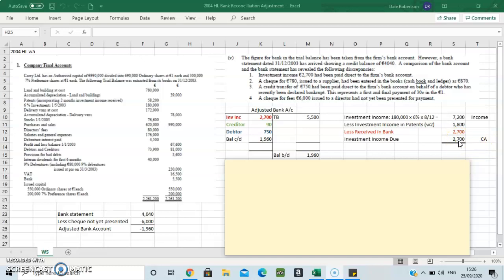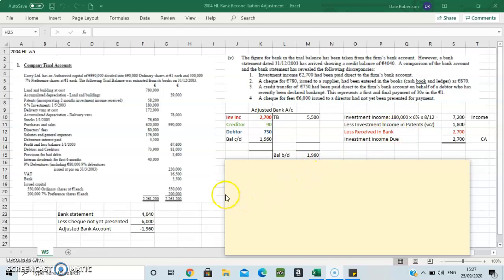So we have an income of 7,200, of which we have received 1,800 here and 2,700 here in two different places, but we still are waiting on 2,700 of a current asset. That's the first repercussion of this work completed in the investment income due working.